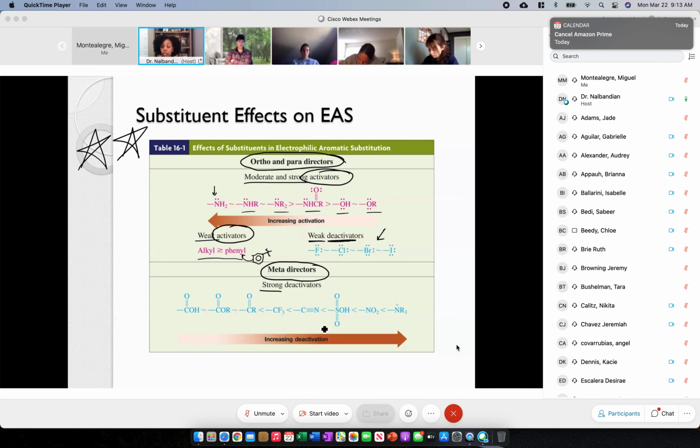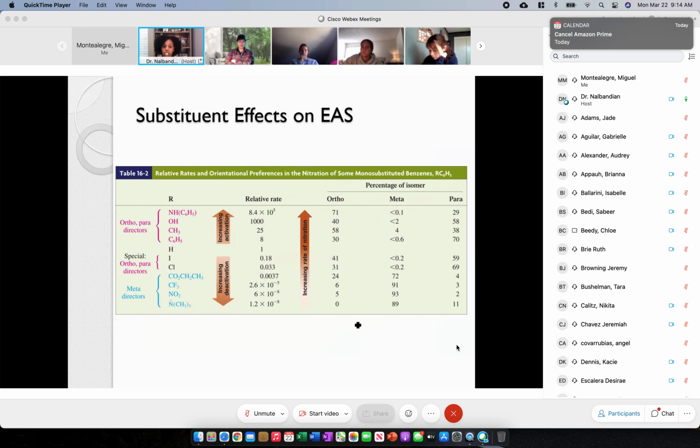So here we have things that can pull away electron density by induction and resonance. Depending on what it is, and we've kind of talked about each of these. But we see that these are electron withdrawing by induction, but because of the lone pair, they are electron donating by resonance. Very important here. So make sure you mark this table because this will be important for the reactions we're doing.